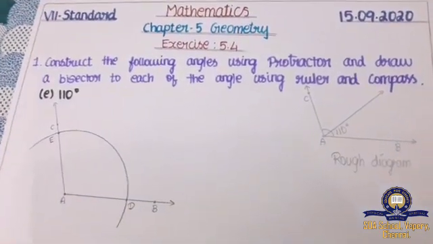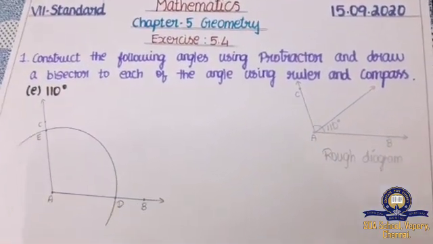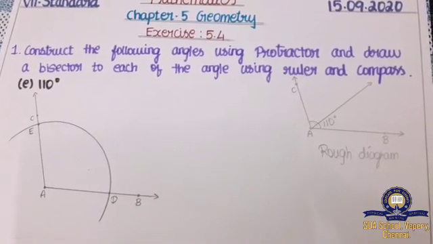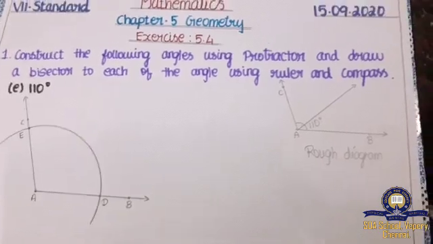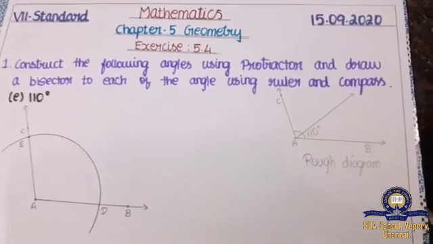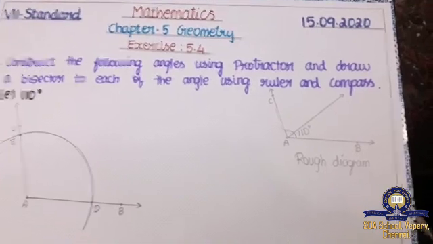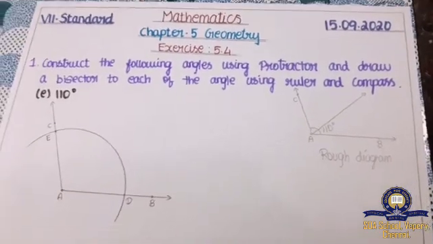Now, what we need to construct in this question? We need to draw a bisector to each of the angle. So, what is meant by angle bisector? Yes, angle bisector means it divides the angle into two equal angles.